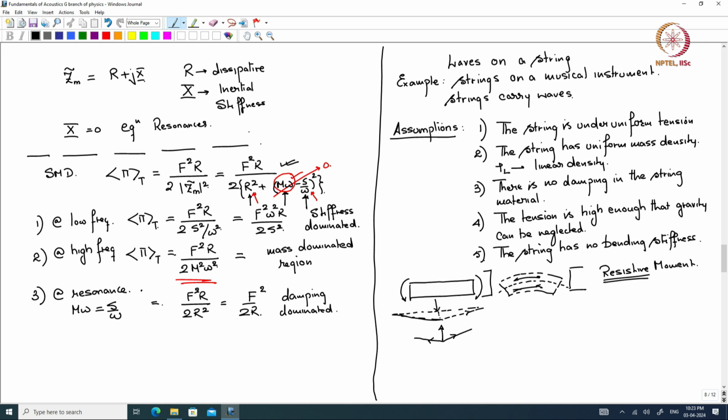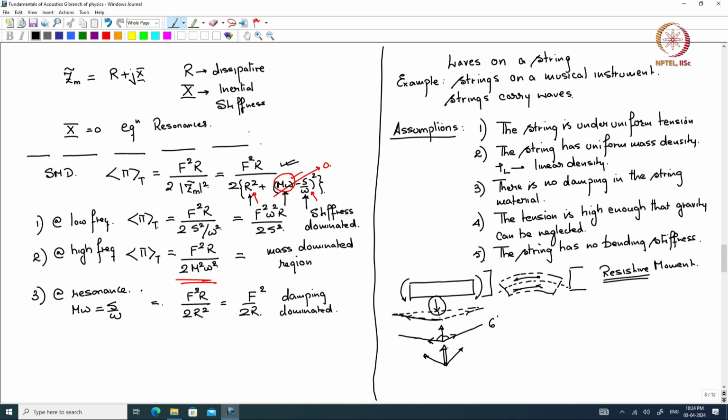There is tension in this portion of the string, and as the string takes a deformed shape, now you have an angle and a component of the tension in the vertical direction, and that resists the force that is applied. That is what we mean by the string has no bending stiffness.